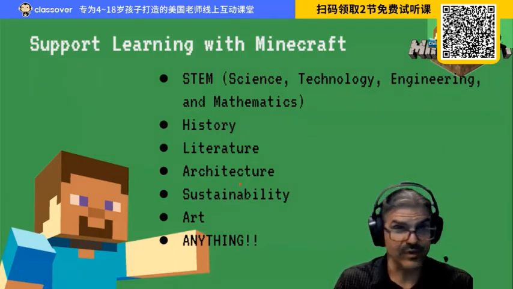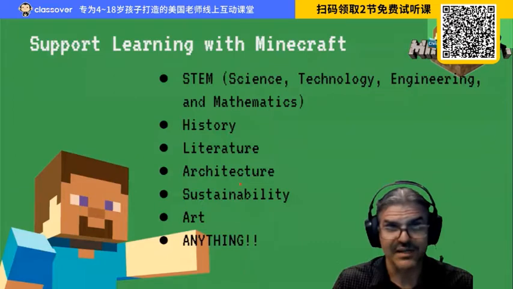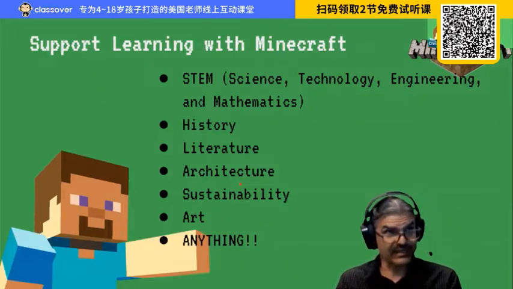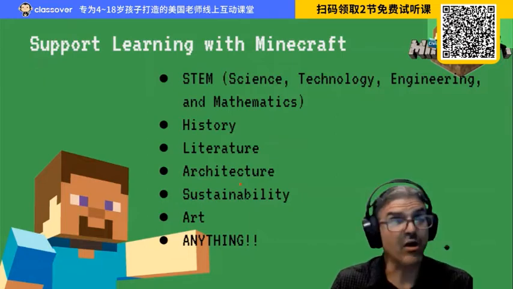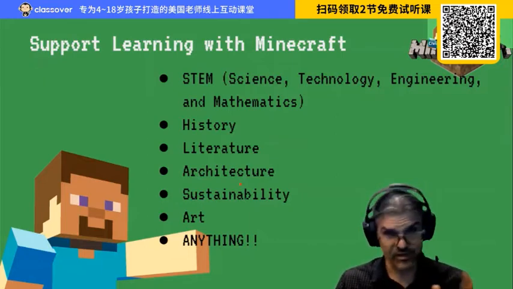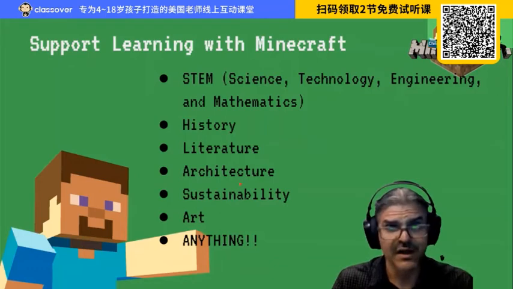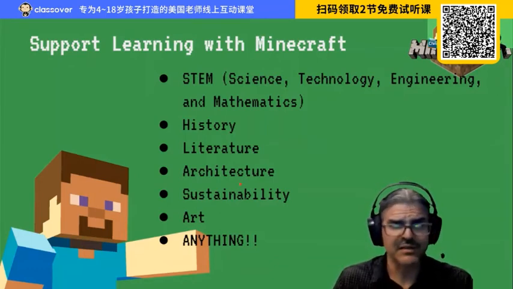Sustainability, another way I've used it, and this is because you can just incorporate green building activities and the like. You can support art. You can do pixel art in Minecraft, transfer it to a map, put it on the wall. Really anything. If there's a topic out there, there's a way that Minecraft can be used to support it.